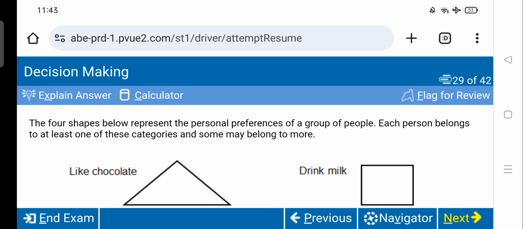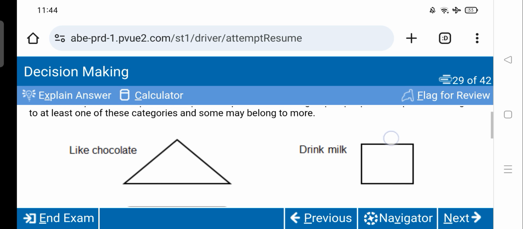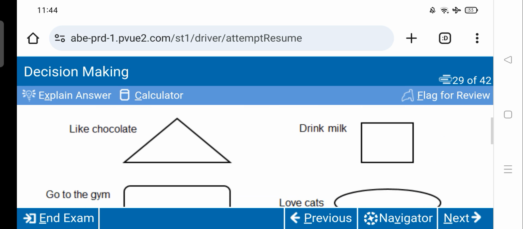The 4 shapes below represent the personal preferences of a group of people. Each person belongs to at least one of these categories and some may belong to more. So here we have the first triangle shape which represents like chocolate, and the second shape, the square, represents drink milk.